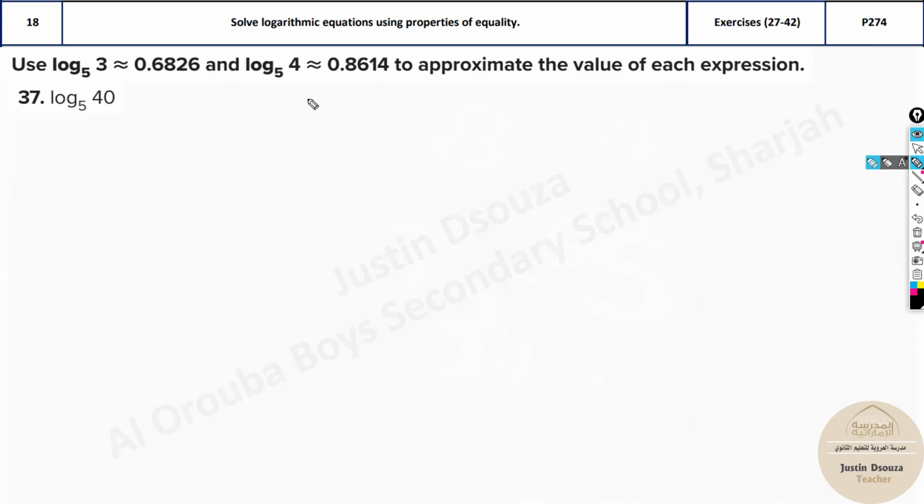So first of all, let's try to simplify this in simple terms, in the sense, try to write 40 as a factor of 2. 2 multiplied by how much is 40? It's 20, right? Okay, then try to factor out 20. 20 can be written as 2 into 10, but 10 is a huge number. So we need it in terms of 4 or 3, right?